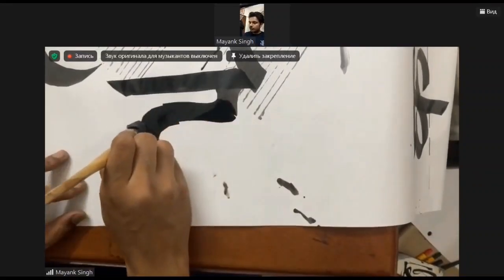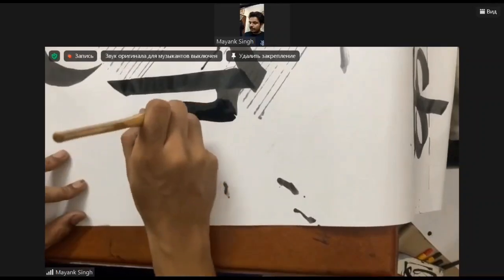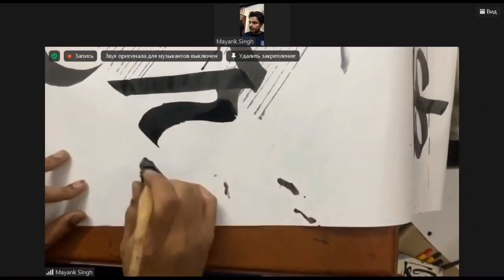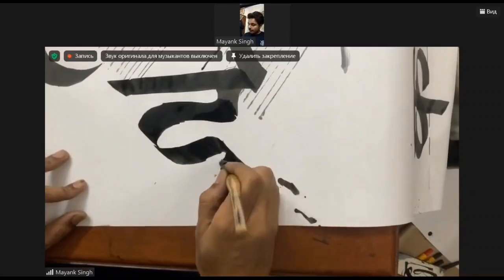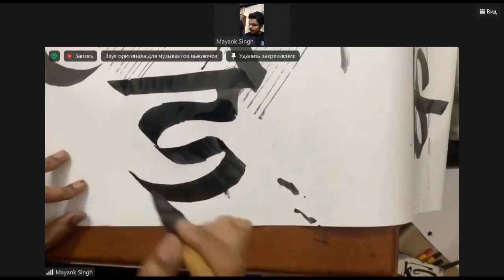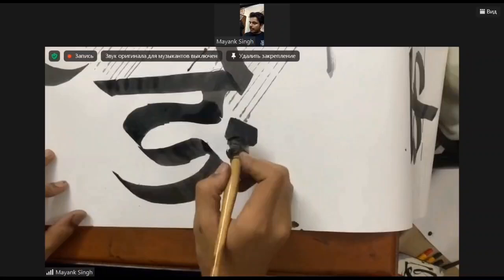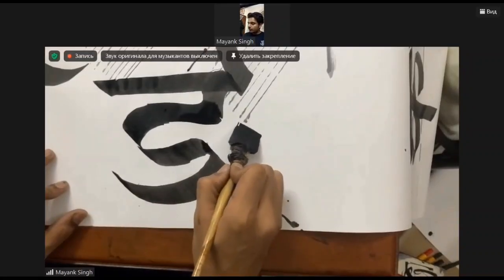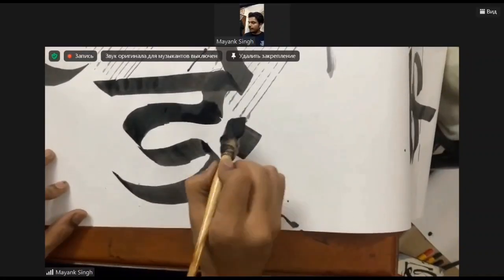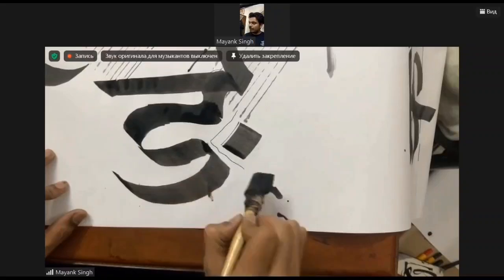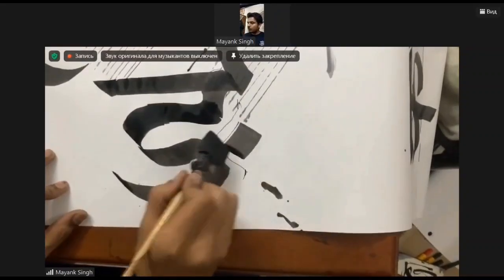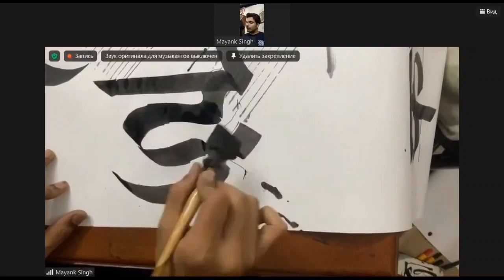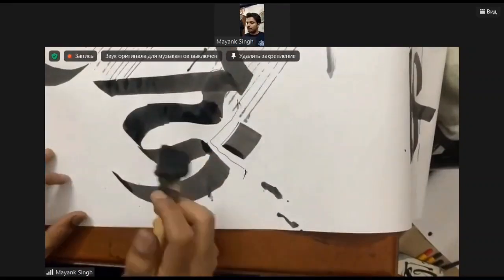Straight stroke, a slight curve, elongated nukta, and then this stroke. And then you need to place a nukta right here. You see this cavity is perfect for the nukta to fit in. So that's how you know it's in proportion.